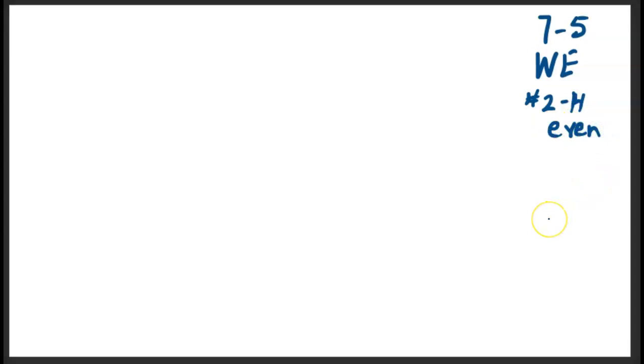So for an assignment here on 7-5, I would like you in the written exercises to do numbers 2 through 14 even. And you're welcome to use a calculator on those.